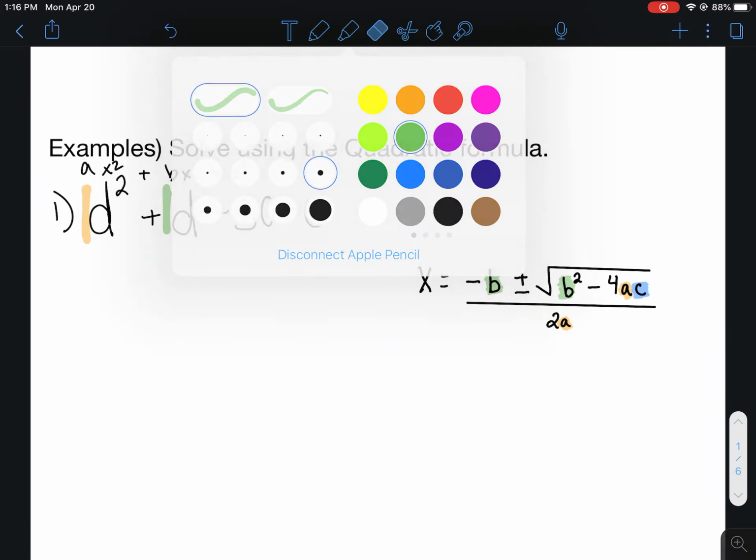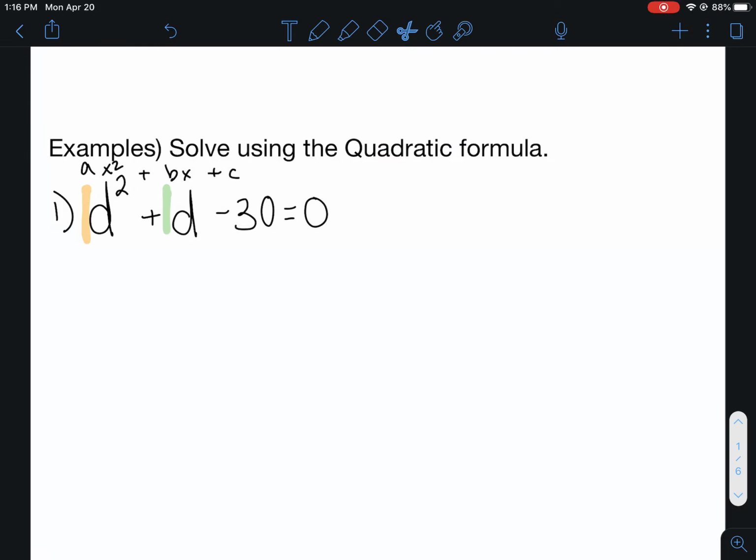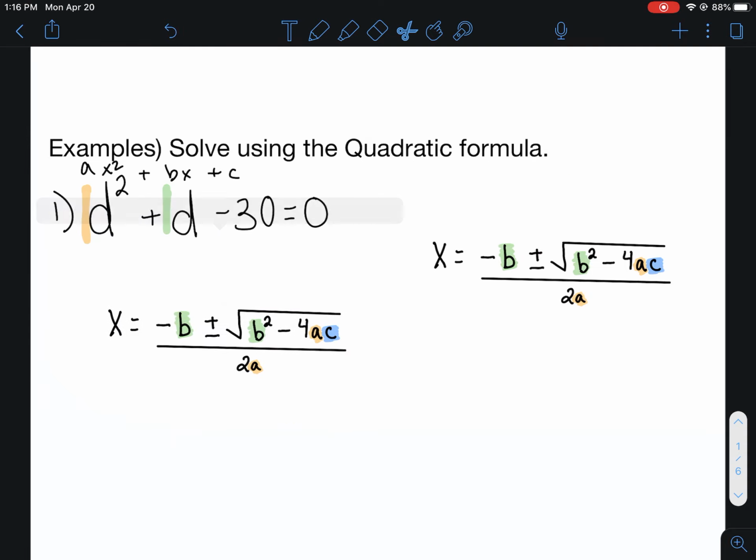So when we are plugging these values into our equation, I'm going to paste that there and paste that here as well. I'm going to take out my b value here, and my b value here.